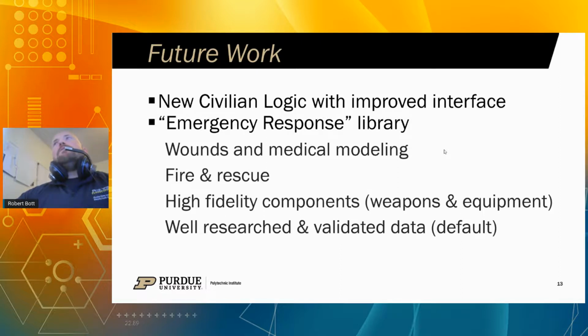And what we see us accomplishing with this library is essentially an emergency response library in the future. And the details of what that entails are still being looked at. But things like wound and medical modeling. For example, there's an active shooting. If you've been paying attention to the news, a couple months ago there was a shooting in Colorado, the King Soopers. The police officer went in, unfortunately lost his life, but he did the right thing.